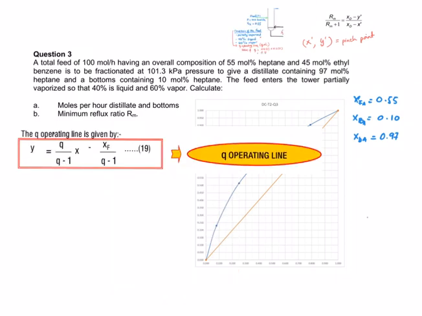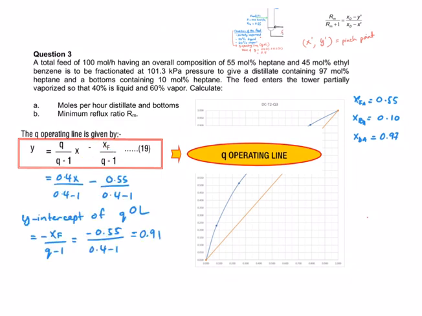With the value of q equal to 0.4, now you can use the Q operating line equation to substitute the value of q and get the y-intercept of the Q operating line. When you substitute q equal to 0.4, you get the y-intercept equal to 0.91.